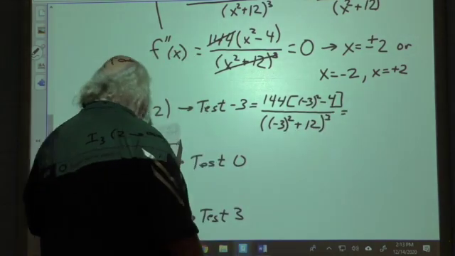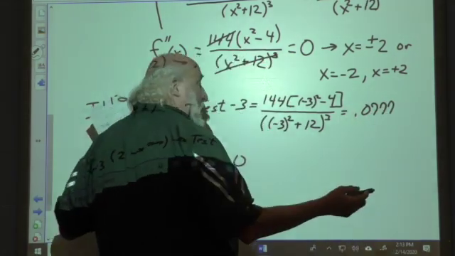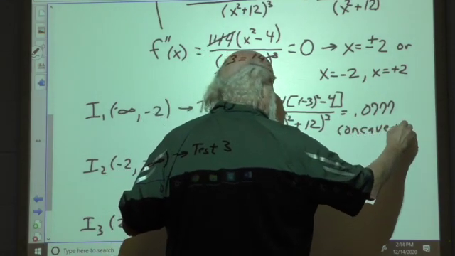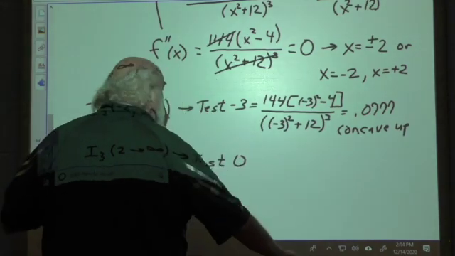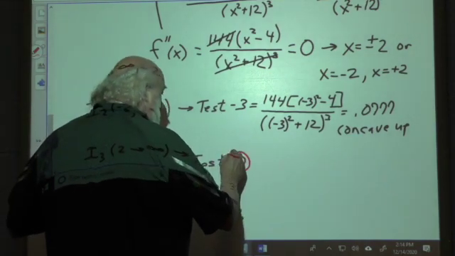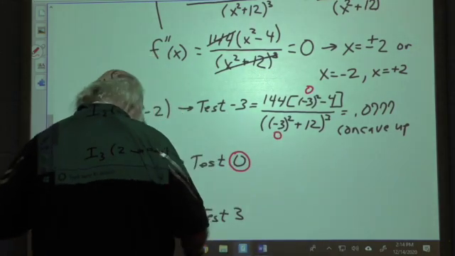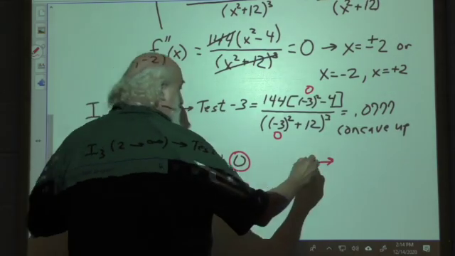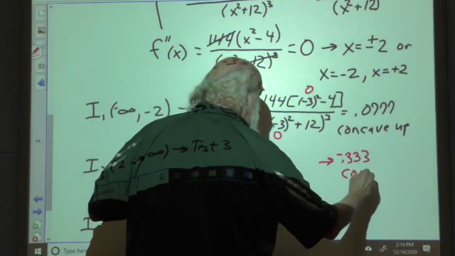And when I do that, that gives me 0.0777. That's a positive, so that means that this is concave up. Do the same thing with 0 here, putting 0 right here and 0 right here, and then I calculate that. When I do, I get negative 0.333, which means it's going to be concave down.